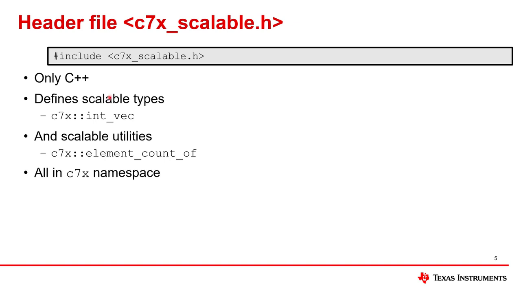It defines scalable types such as int_vec and scalable utilities such as element count of, all in the C7x namespace. I always write it this way. I explicitly specify the namespace that these come from every time they appear. That's not the only way you can do it. There are also using declarations, using directives, things like this, and I'm not going to cover those. I always am explicit about it.